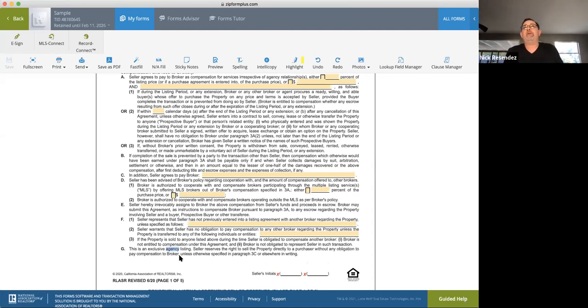So this one differs in that the seller can procure their own buyer, right? So if they find their own buyer and you've used this listing agreement, you would no longer be entitled to any compensation. So that's the seller reserved. It means the seller can't work with any other agents or brokers, but they can sell directly to a purchaser. Okay. So that is the second of our listing agreements.